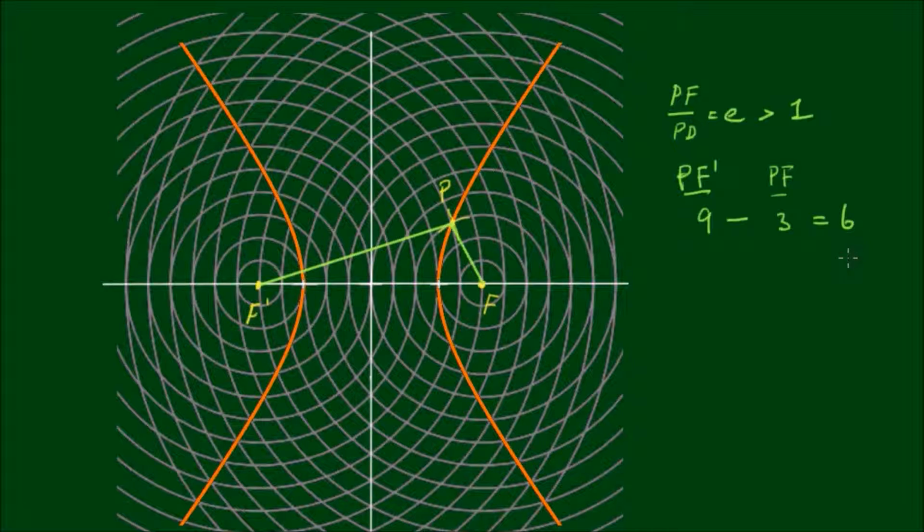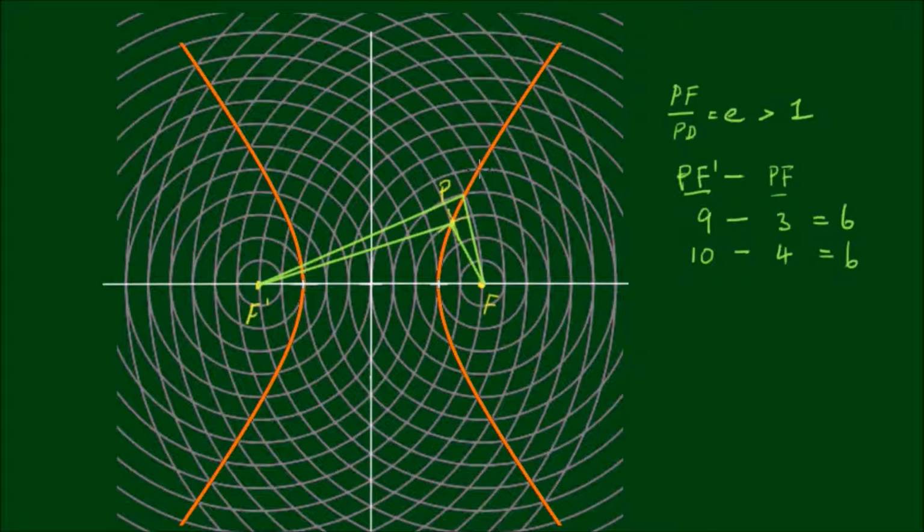So the difference between the two distances is 6 units. Let's move this point further along to the next intersection of two circles. So here the distance PF is 4 units. The distance PF prime is 10 units. And again the difference between these two, PF prime minus PF, is equal to 6 units.